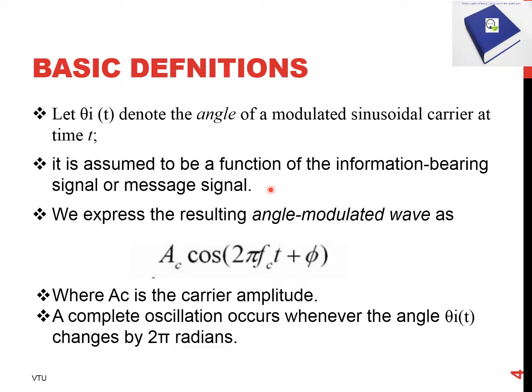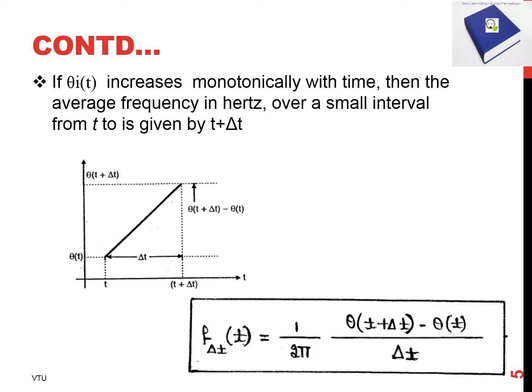So we express the resulting angle modulated wave in general as Ac cos(2 pi fc t plus phi), where Ac is the carrier amplitude. A complete oscillation occurs whenever the angle theta i of t changes by 2 pi radians.